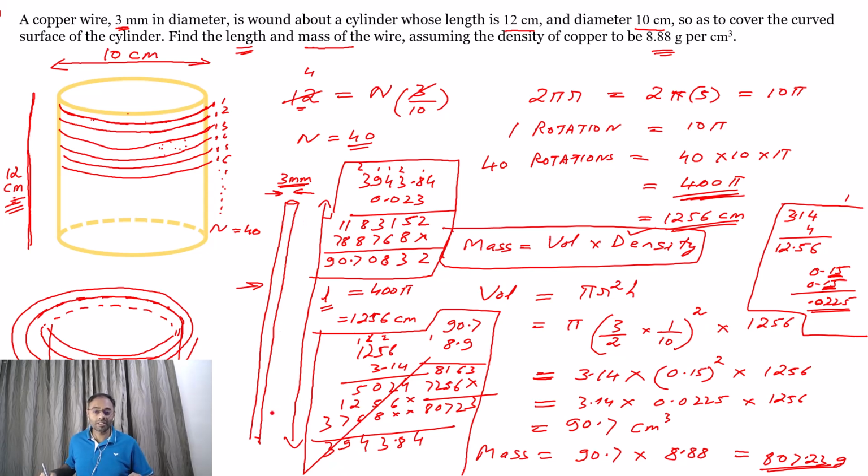This is not a cylinder, this is actually a wire which is cylindrical in shape. This is the thin wire surrounding this cylinder from all sides. So this is another kind of question which is asked in the examination from the surface area and volume perspective, and I hope I have been able to explain this really well for you.